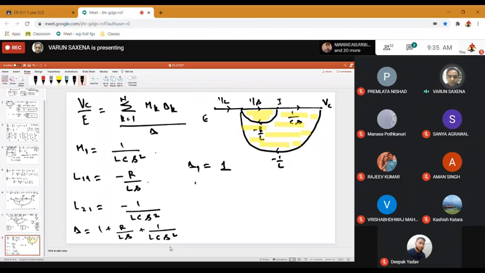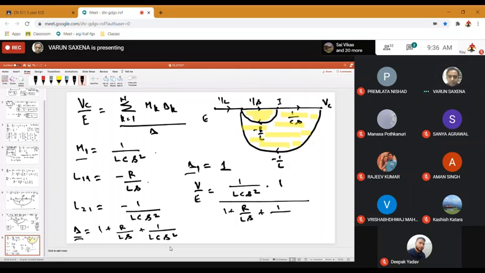So you just write V over E is going to be 1 upon LC s square times 1, which is this multiplied by this multiplied by this, divided by this quantity here. So that is going to be 1 plus R over Ls plus 1 over LC s square.